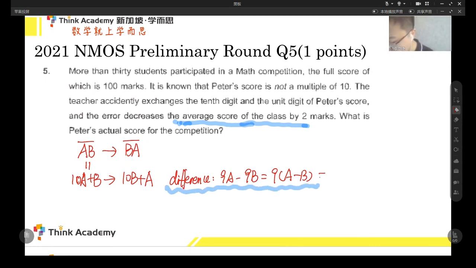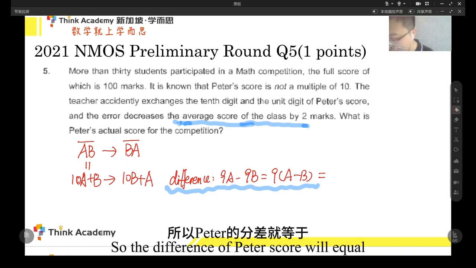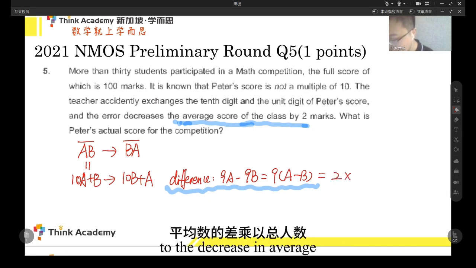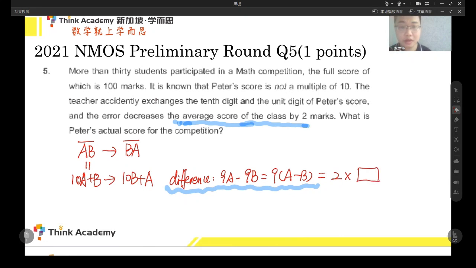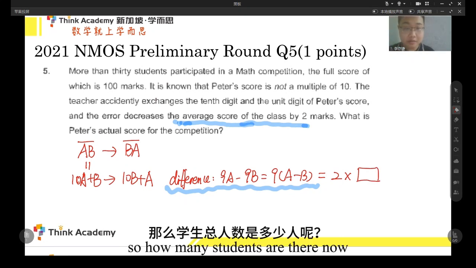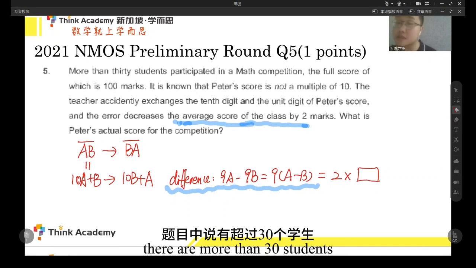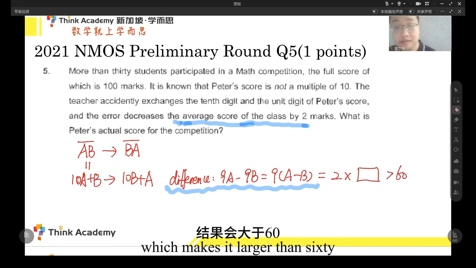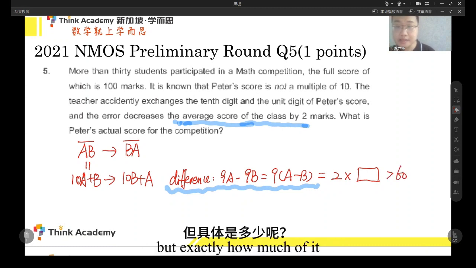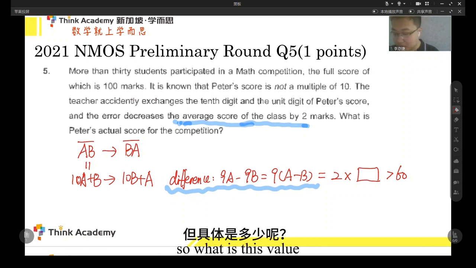So the difference of Peter's score will equal the decrease in average times the total number of students. So how many students are there? There are more than 30 students. So we multiply by a number more than 30, which makes it larger than 60. But exactly how much is it? So what is this value?